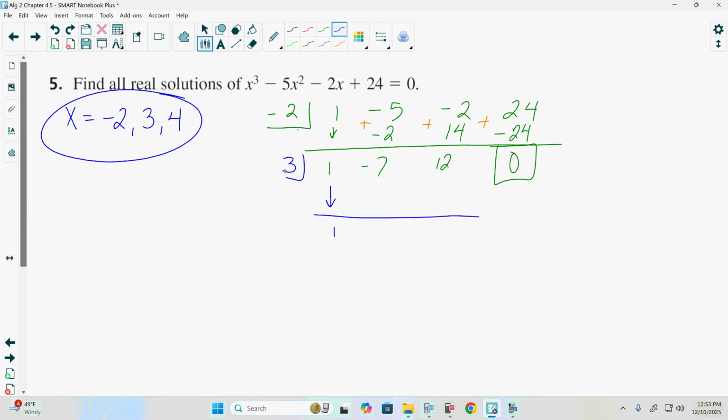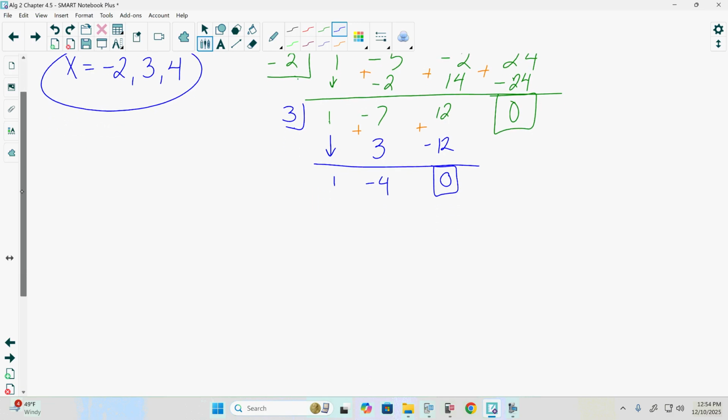I could do the same thing with 3. 3 times 1 is 3. -7 plus 3 is -4. 3 times -4 is -12. And 12 plus -12 is, lo and behold, 0.